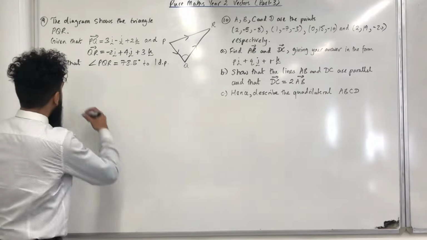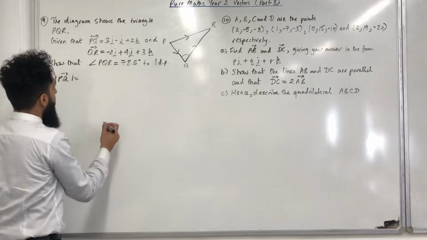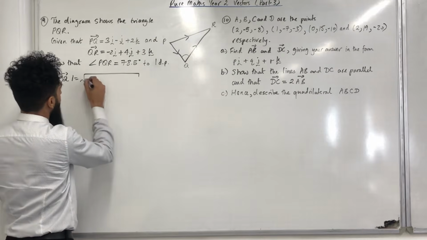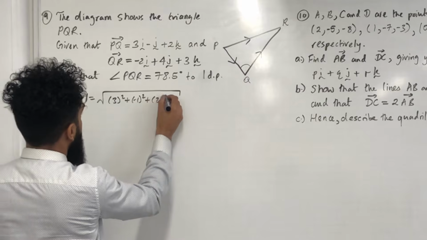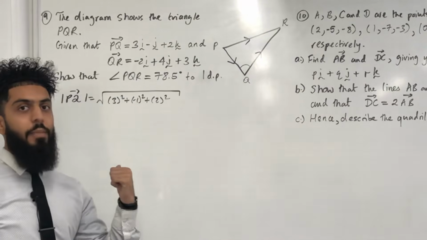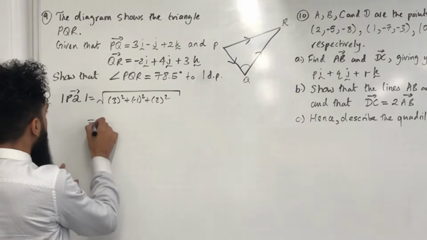Let's start off with the magnitude of the vector P to Q. This is given by square root of 3 squared plus minus 1 squared plus 2 squared. I can now put this into my calculator, and I end up with square root 14.